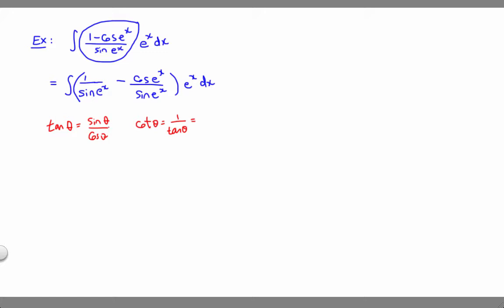When you take the reciprocal of a fraction, you're flipping that fraction. So you could say cotangent theta is cos theta over sine theta. Then we get secant theta, which is the reciprocal of cosine. So 1 over cos theta is the same thing as secant theta. And cosecant theta, that is the same thing as 1 over sine theta.